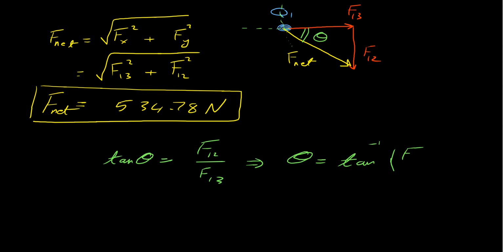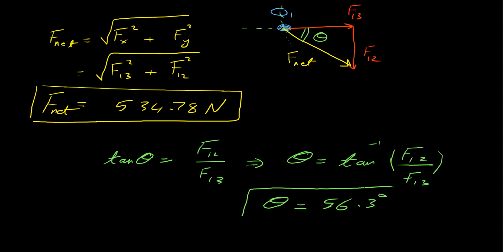So it's F12 over F13. And again, when we do the math for the tan inverse, that will give us 56.3 degrees, and it's going to be in quadrant 4.